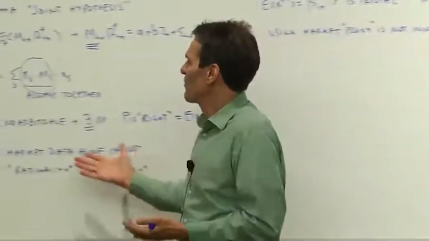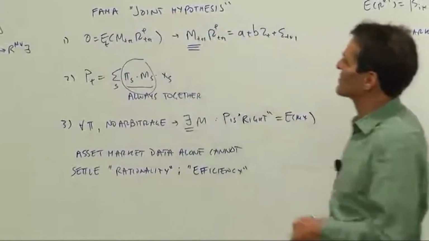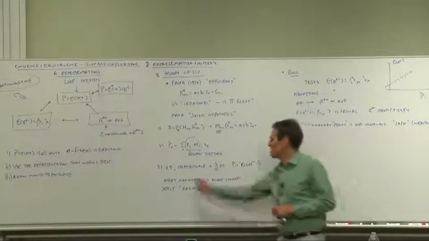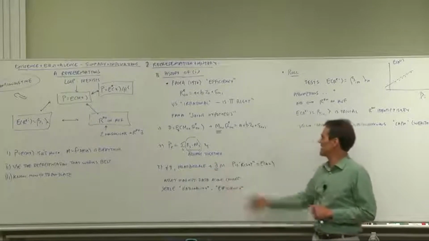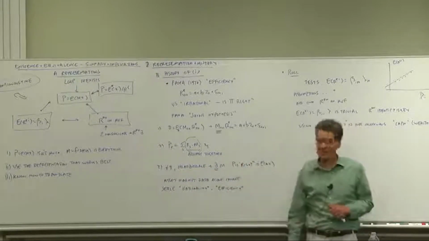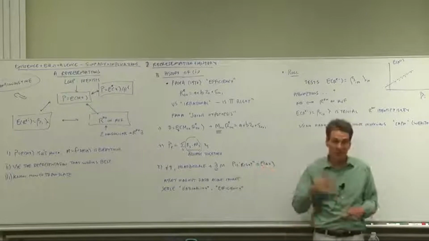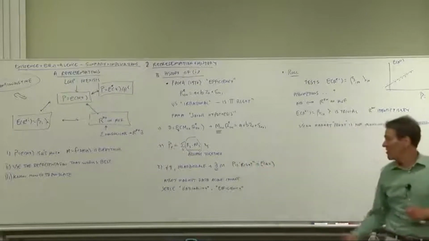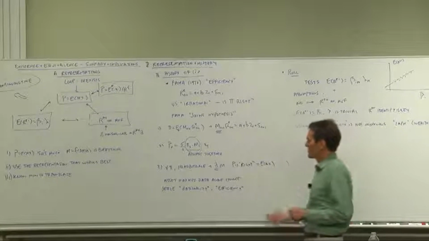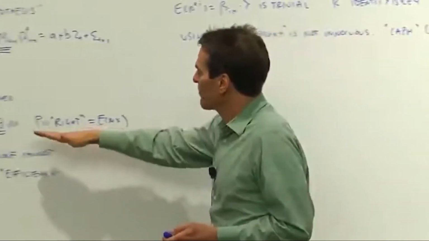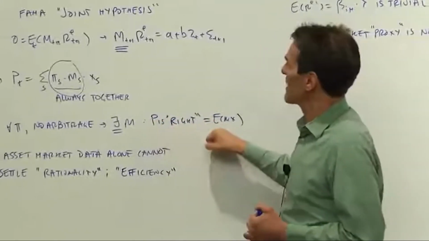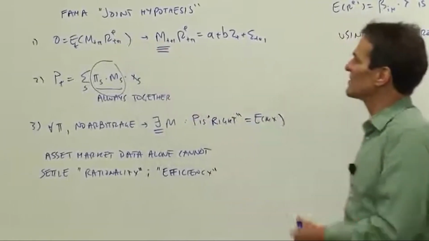A third theorem we've seen that expresses Fama's joint hypothesis question is that for any set of probabilities, if there's no arbitrage, then there's a discount factor such that the price is expected discounted payoff. Whether those probabilities are right probabilities or wrong probabilities, all we need is the absence of arbitrage. We can find a discount factor to make the prices right. So the pricing representation, prices expected discounted payoff, expected discounted returns, that's easy.